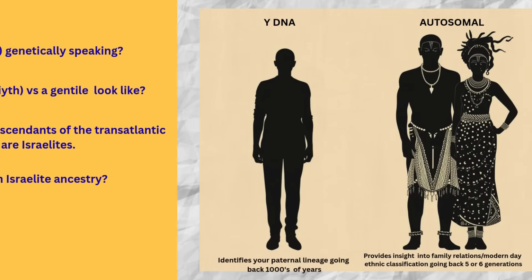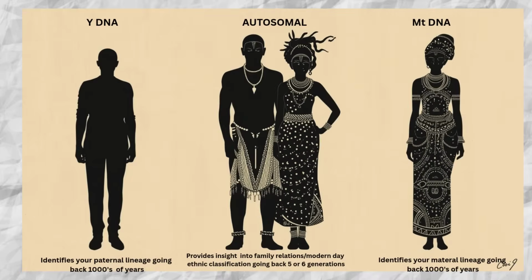So the first thing I'd like to do is talk about the 3 different types of DNA tests. There are Y-DNA tests, autosomal DNA tests, and mtDNA tests. Y-DNA tests your Y-DNA, which is a test of your paternal heritage.